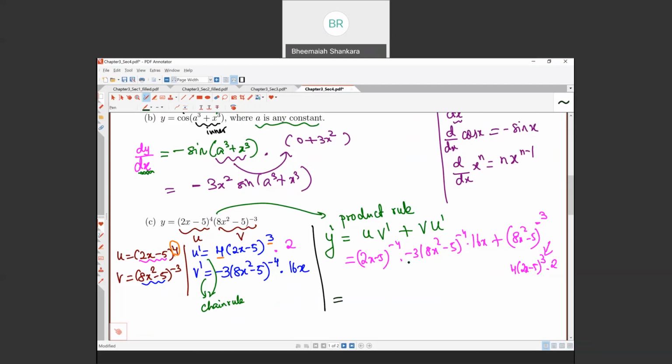All this u times v prime is one single term. And all these here, the product of two terms, is your second term. So you can simplify within the term. You have negative 3 times 16, I'm going to write it as negative 48. And then have x in the numerator. Bring down all the negative exponents to the denominator. Write this as (2x minus 5) to the 4 and then write this as (8x squared minus 5) to the 4th.